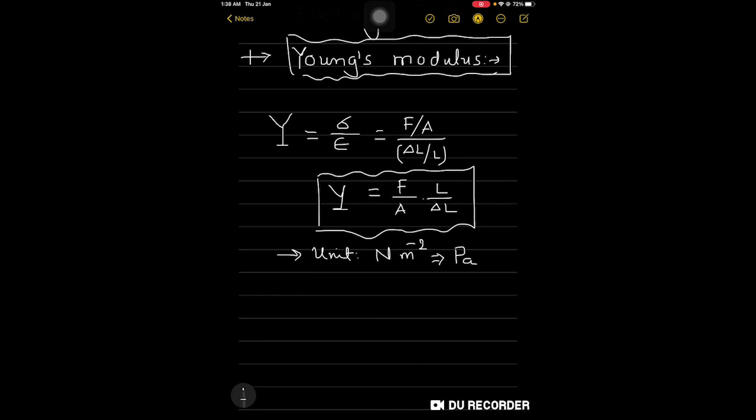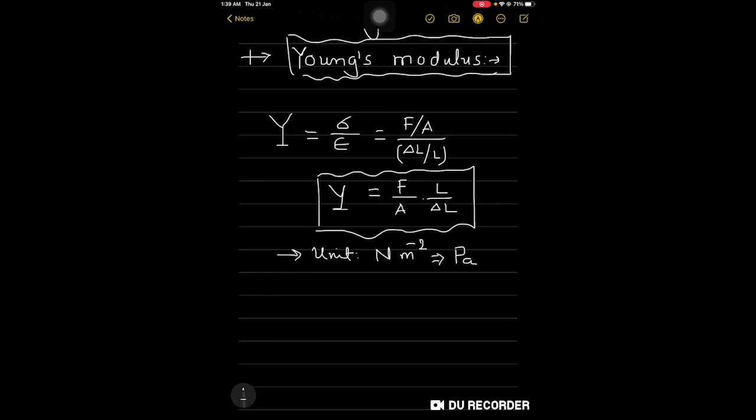So from the table, for the metals the Young's moduli are large and therefore these materials require a large force to produce a small change in length.